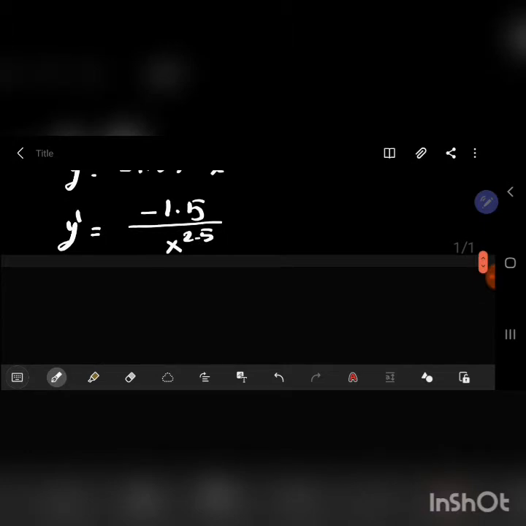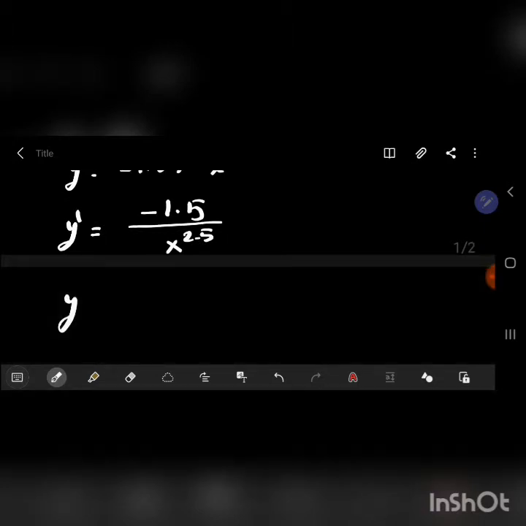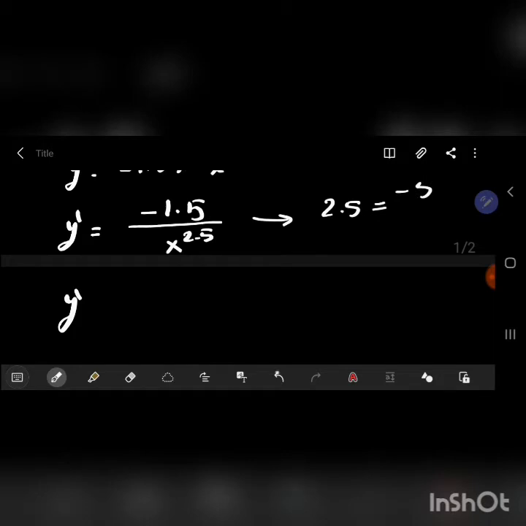If I want to get rid of the decimal points, I will transform 2.5 equal to 5 over 2. Okay, and minus 1.5 equals minus 3 over 2.